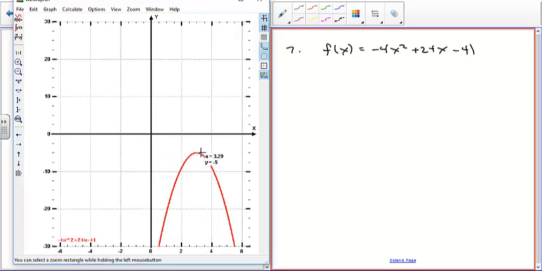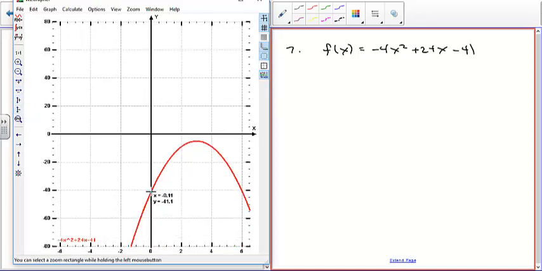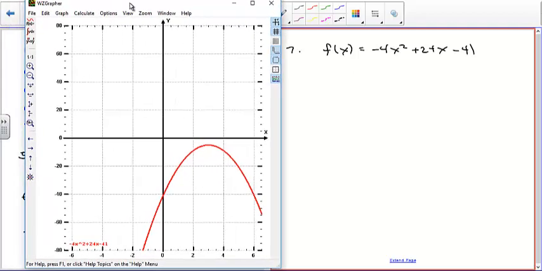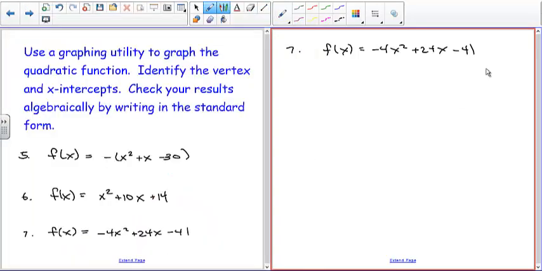So you can see there are no x-intercepts. There is a y-intercept if we go out far enough here. It's negative 41. Okay, so there are no x-intercepts. We'll show you how you can figure that out without even graphing.